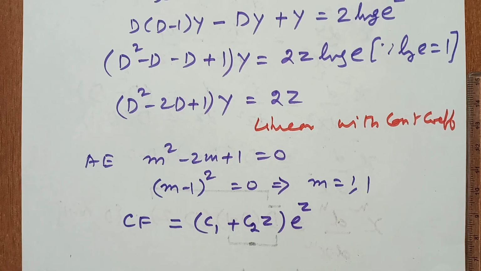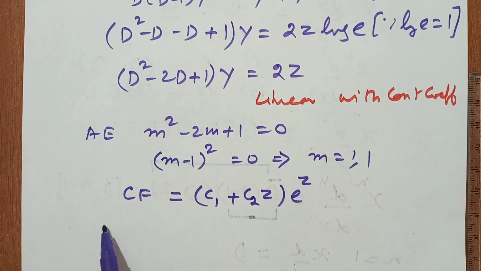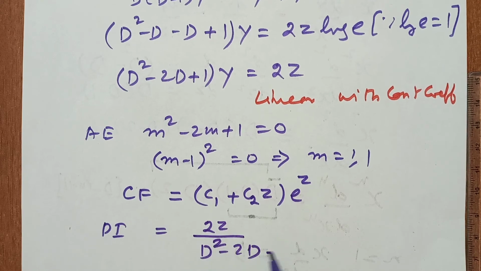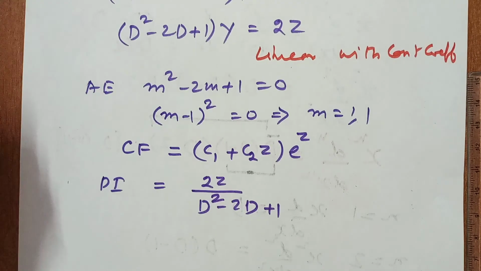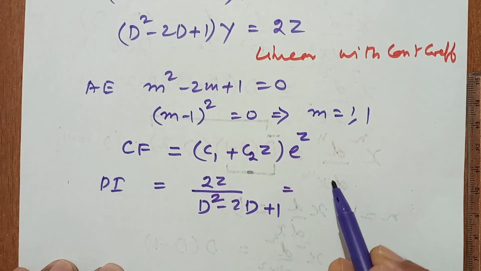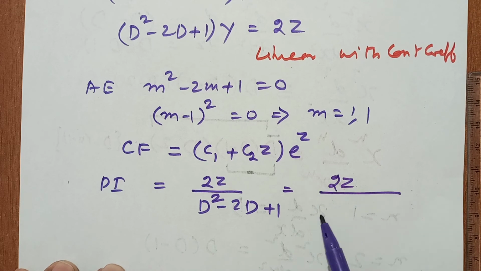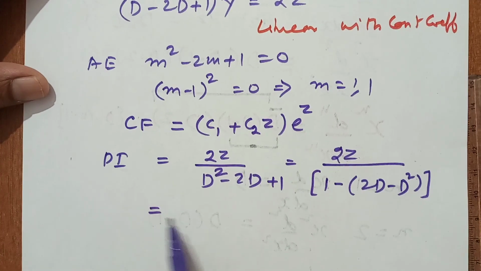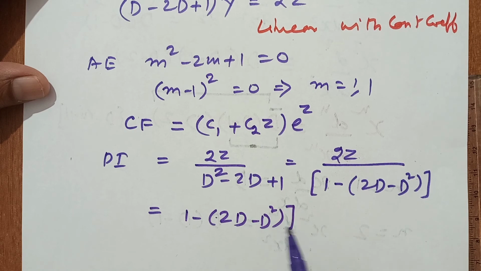Now, the particular integral. The particular integral is 2z upon D square minus 2D plus 1. This can be written as 2z upon 1 minus 2D plus D square, which is (1 minus (2D minus D square)) to the power minus 1 into 2z.